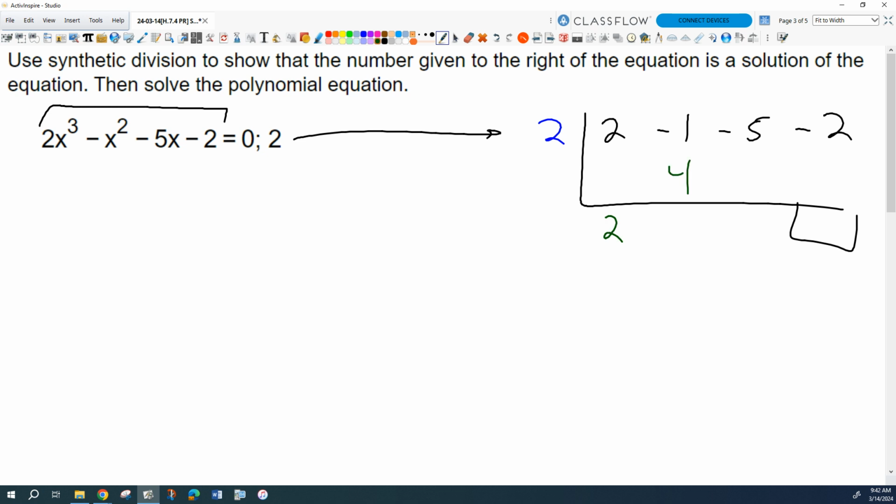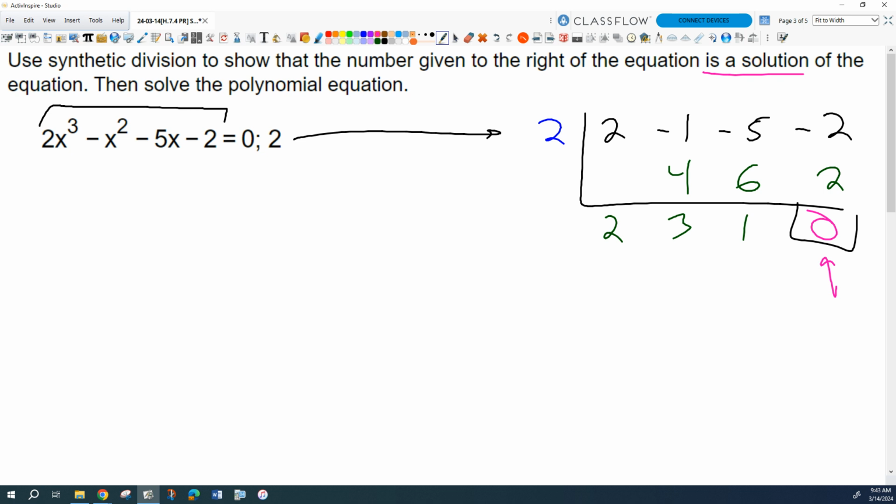Okay, add them, good. So I get 3. 6. Positive 1. 2. 0. And 0. Okay, so we just verified it, right? The fact that we get 0 there means that this is a solution, right? 2 is a solution.